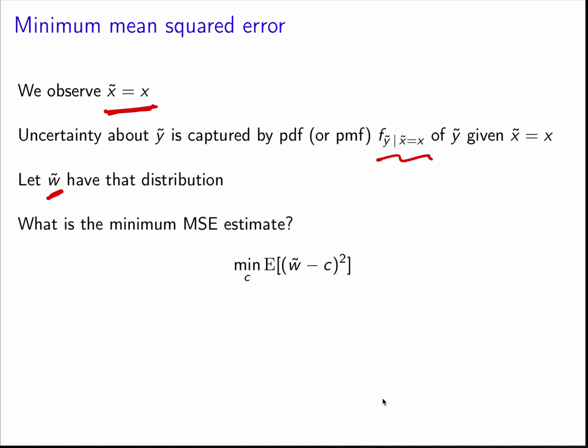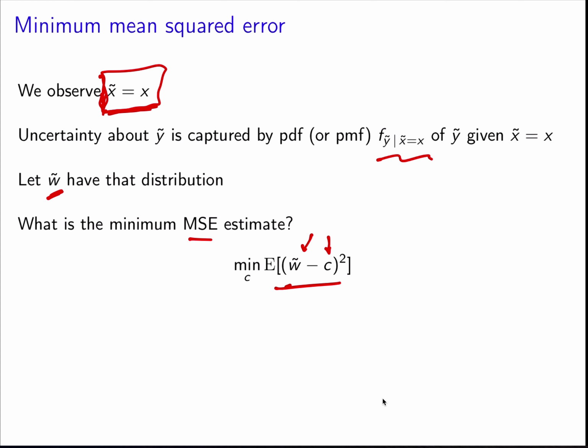But now we have reduced this problem of minimizing the MSE to a problem that looks exactly the same as before. We have a certain random variable, and we're approximating it by a constant. Of course, this constant will depend on this particular value of x, but we're fixing it for now. So the constant will depend on each value of x, but for that particular value, it is a constant.